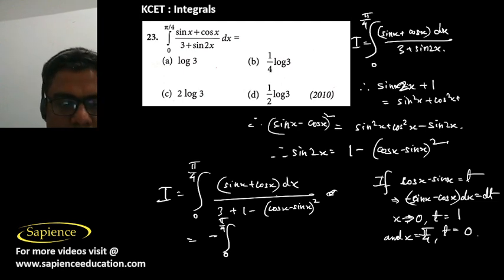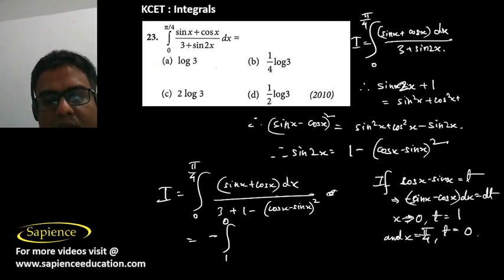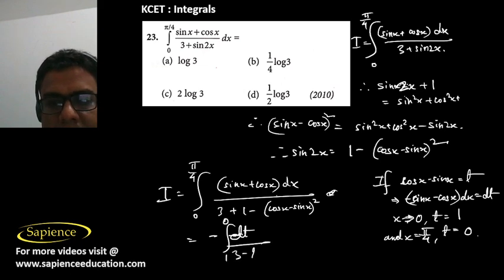So this is going from 1 to 0, that is minus integral 1 to 0, and this will be minus dt divided by 3 minus t square. So this I can write as integral 0 to 1 dt by 3 minus t square.